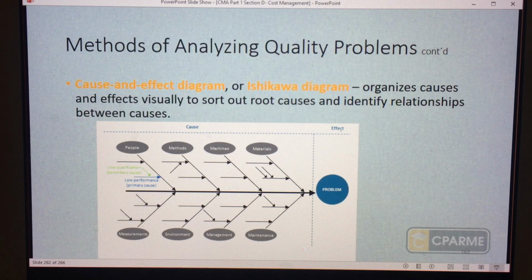And how are we going to resolve yung ating problem? What is the effect sa ating operations? So to identify root causes, to identify relationships between these causes para makita mo ang kanyang effect, which is in turn yung problem that you're trying to address.